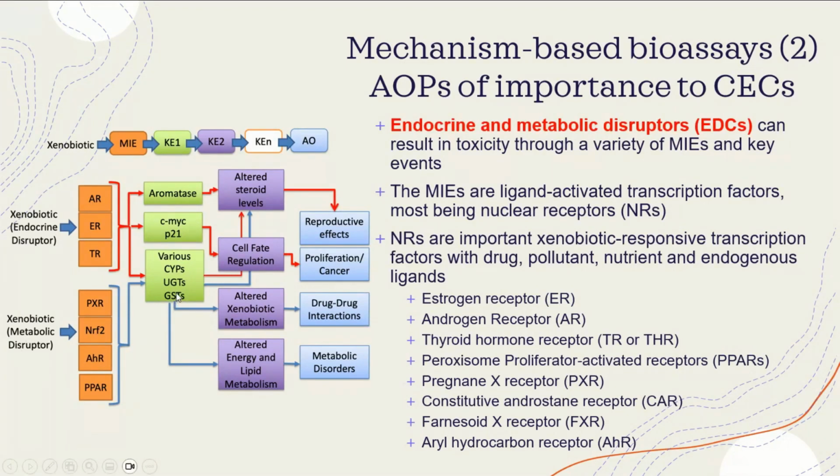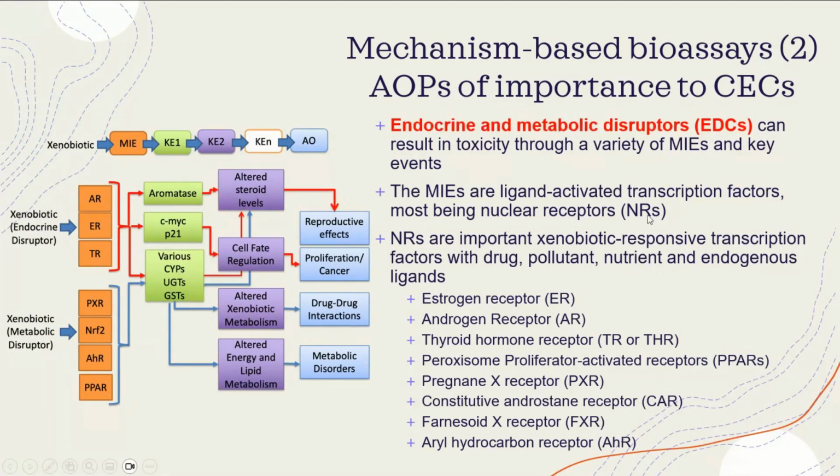Well, some of these chemicals are going to be regulating enzymes that are going to disrupt steroid levels, and they're also going to alter fat metabolism and foreign molecule metabolism, leading to their own set of toxic responses. So long story short, we can cover a lot of different potentially hazardous chemicals just by knowing whether they interact with some of these key molecular initiating events.